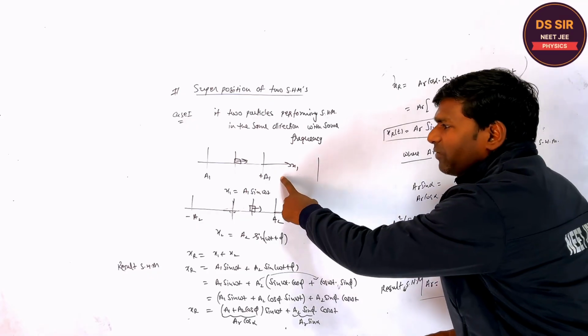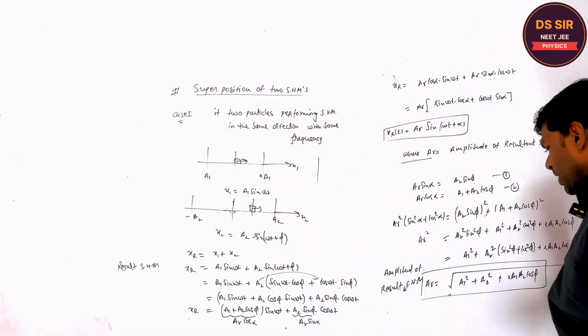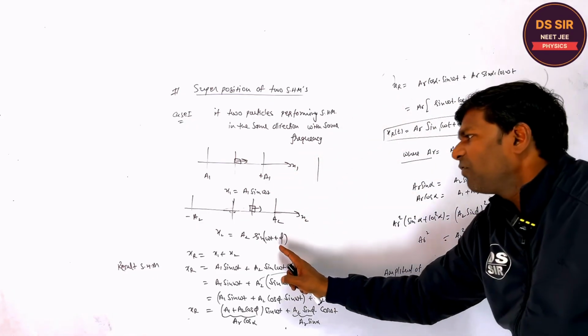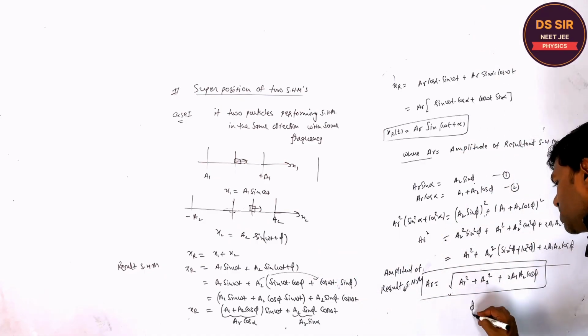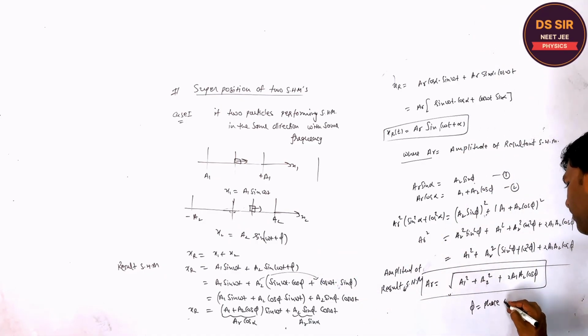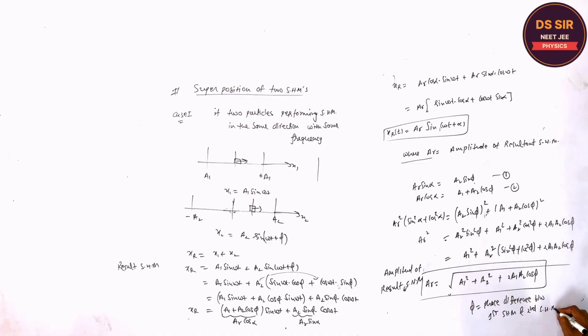Here a1 is the amplitude of the first wave, a2 of the second, and phi is the phase difference between the first SHM and the second SHM.